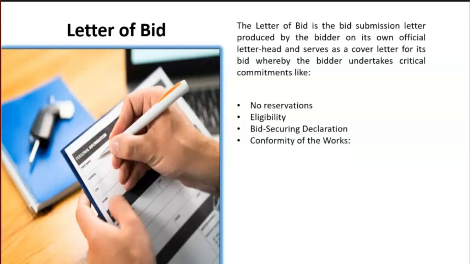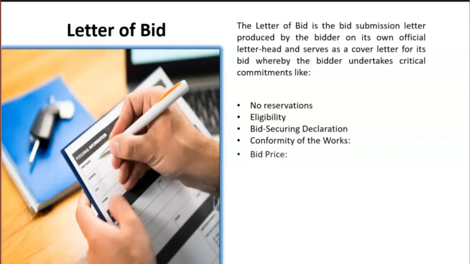Conformity of the works. The bidder commits to execute the works in conformity with the bidding document and in accordance with the completion schedules requested by the employer in the bidding documents.